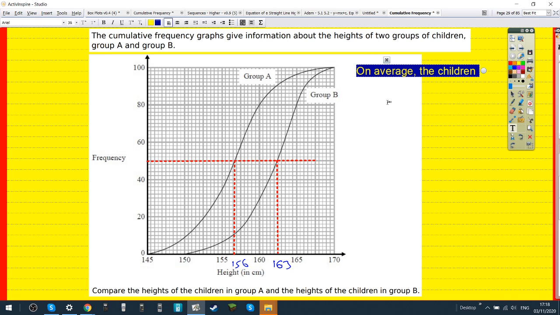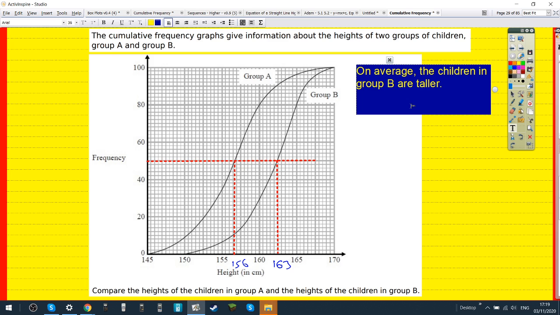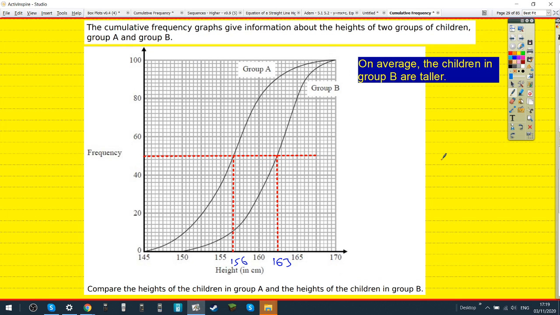Do you remember the second thing that you used to compare two groups? The second thing. No. The spread. And in this case, to measure the spread, you could use the range.